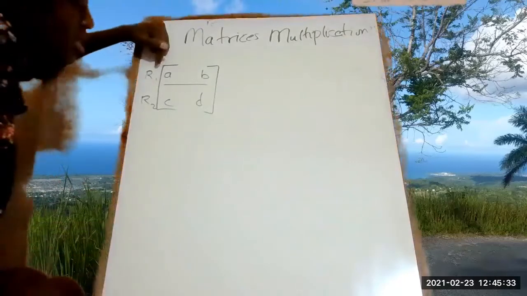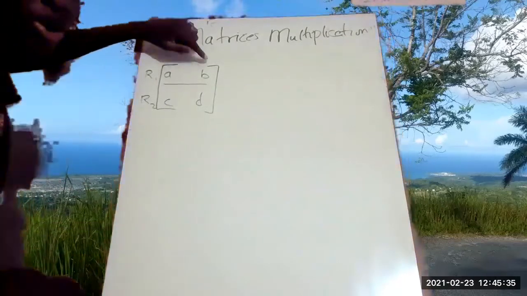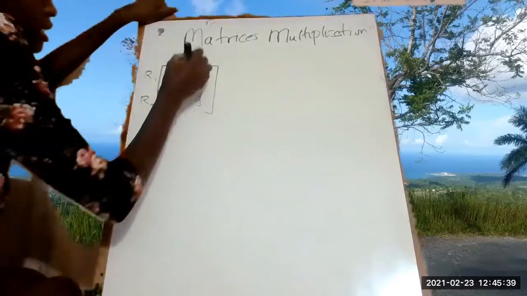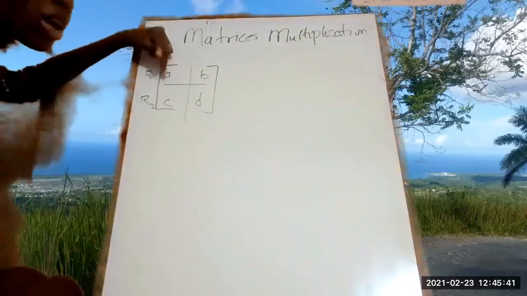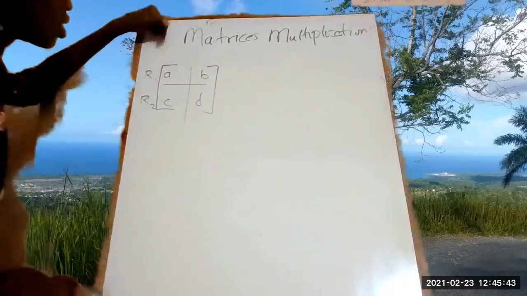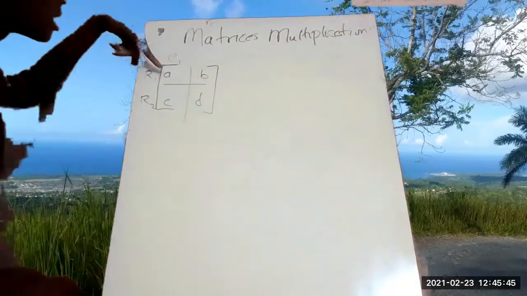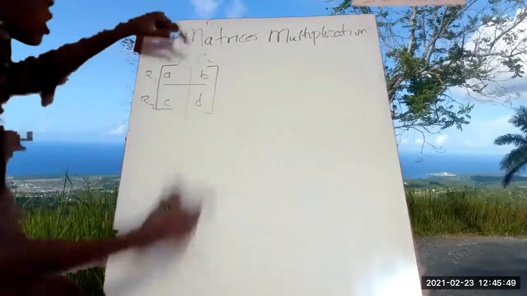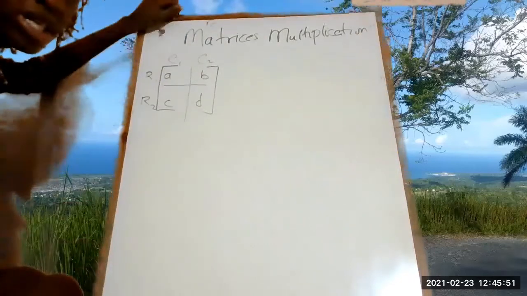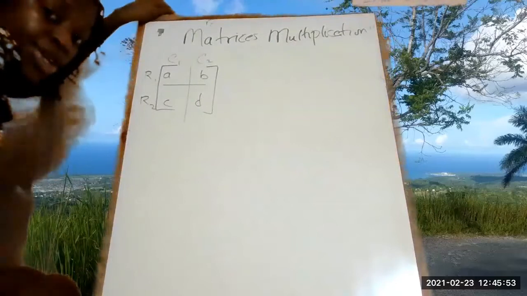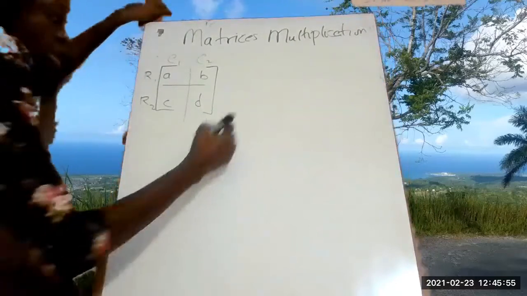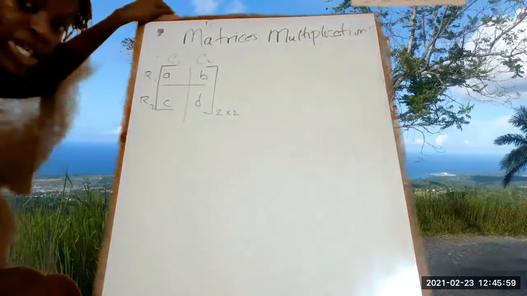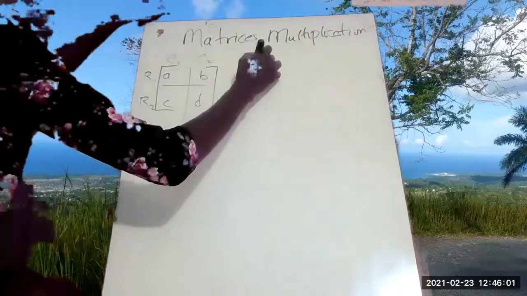Row 1 consists of A and B. Row 2 consists of C and D. And then this has 2 columns. Columns are vertical. So column 1 consists of A and C, while column 2 consists of B and D. So this matrix has 2 rows and 2 columns, so it would be called a 2 by 2 matrix, right?